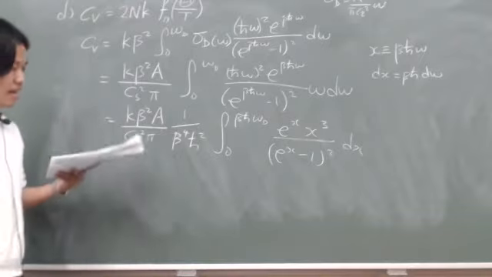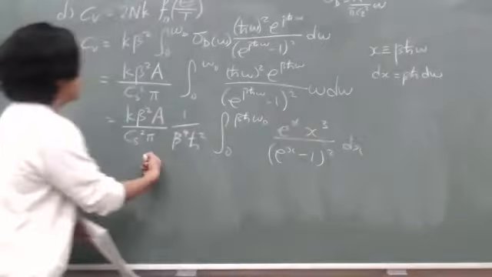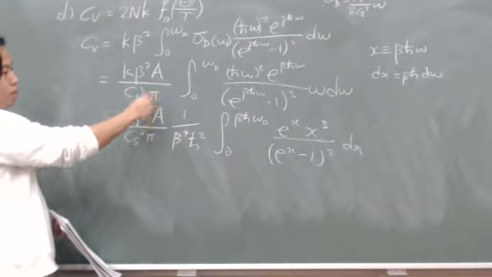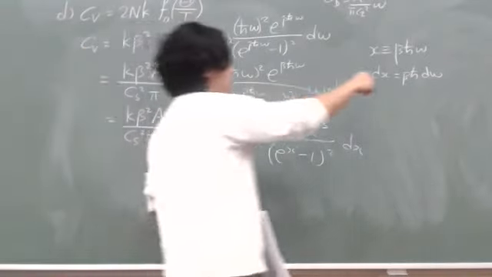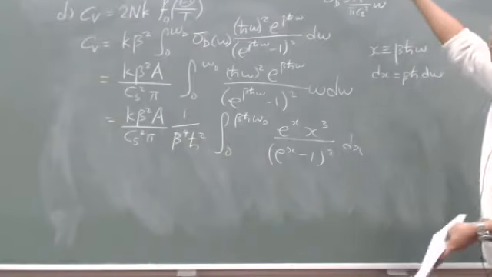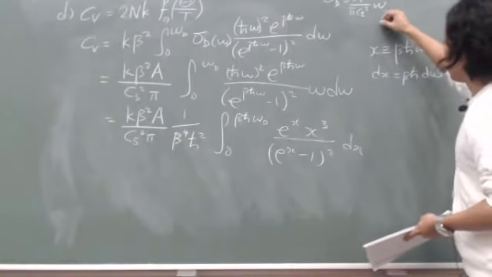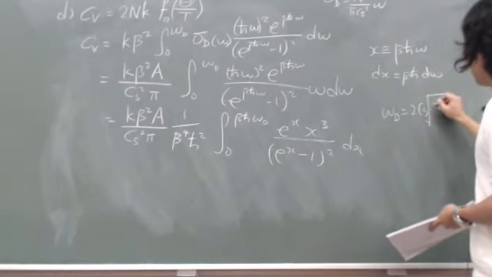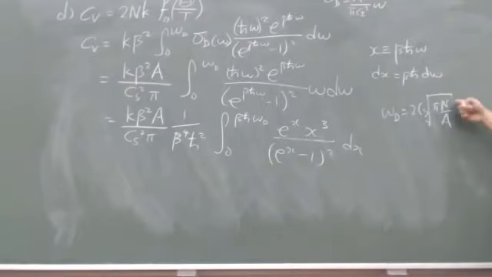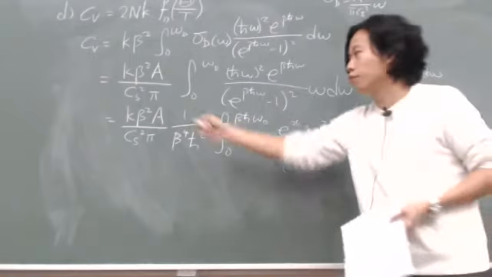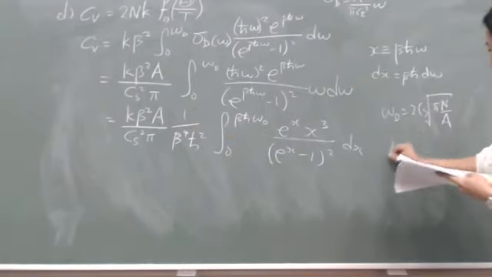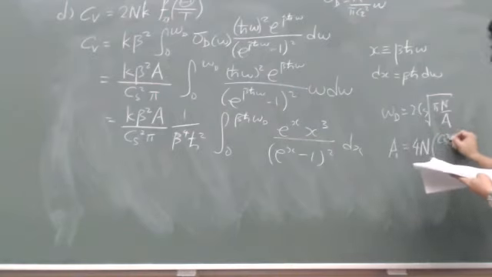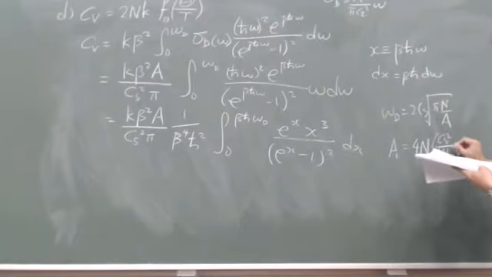Now to get this into the form we want, we have to get rid of the A and pick back out this N. We remember that before, when we got the omega D, we had the relationship that omega D is equal to 2CS square root of pi N on A. So we can write A as a function of N: A is equal to 4N times CS squared divided by omega D squared.